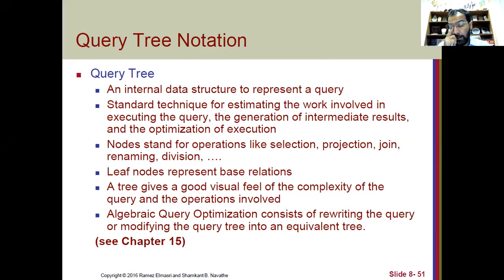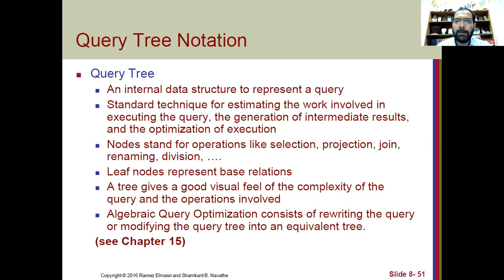On every node we have a certain operator, and there are some relations involved, depending on whether those operators are unary or binary. The standard technique for estimating the work involved in executing the query helps you determine how many operations are involved. If you want to compute the number of operations in a particular query, you can count them.